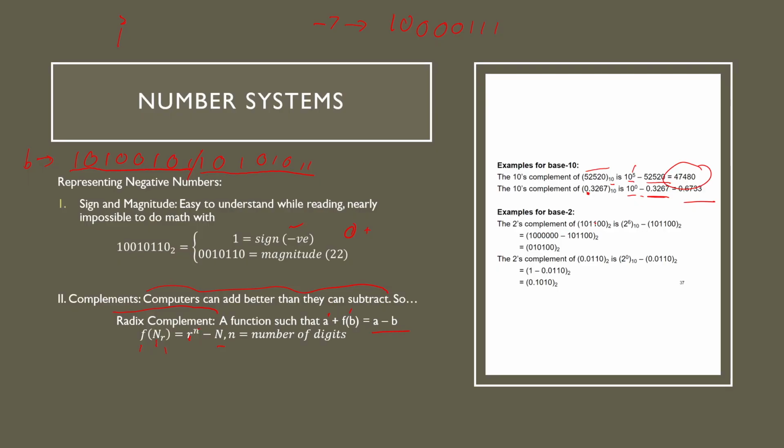More importantly, you'll have to deal with 2's complement, that is base 2 radix complements. I assume you also know the trick where if you have a 1's complement, you can add 1 to it to get the 2's complement. Right. So this is the actual method of doing it, this is the shortcut method.